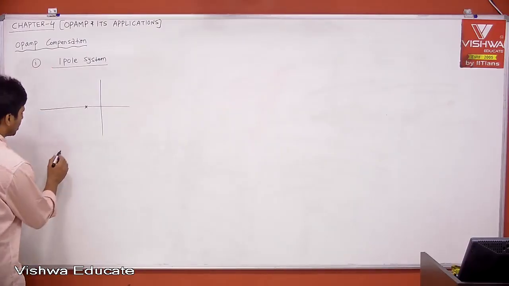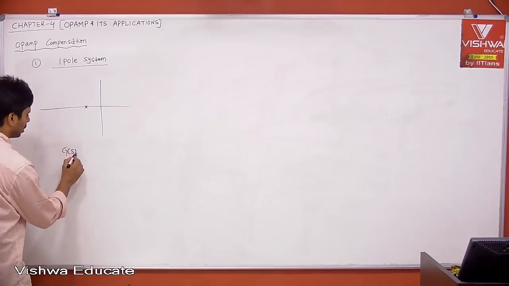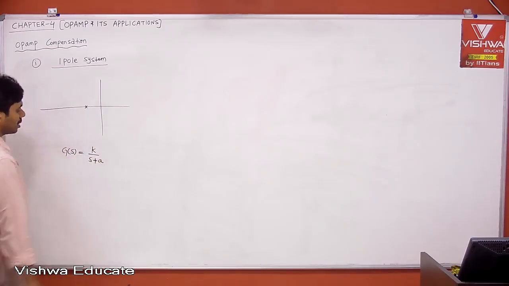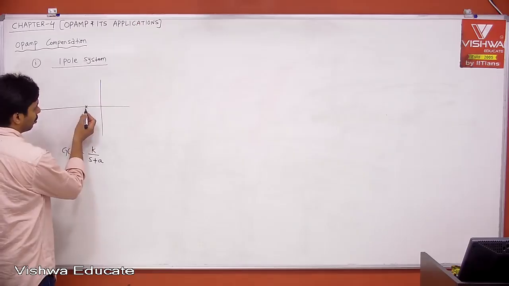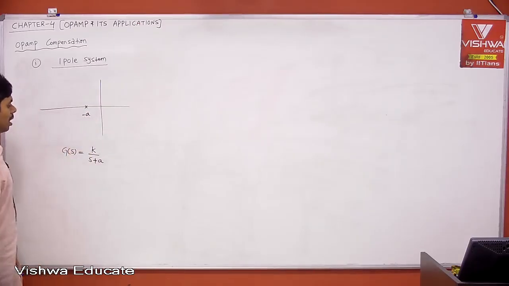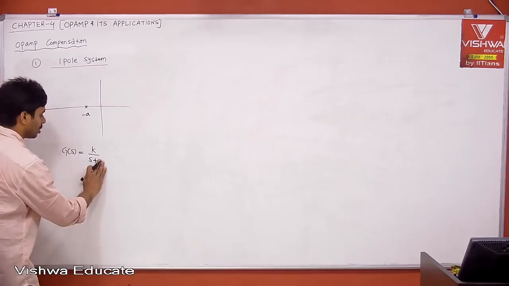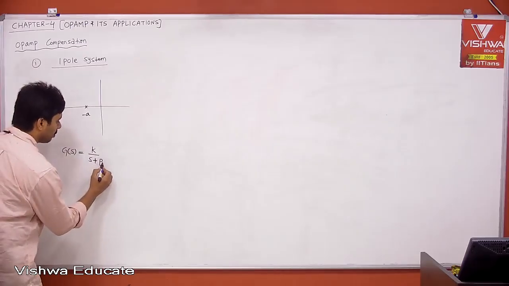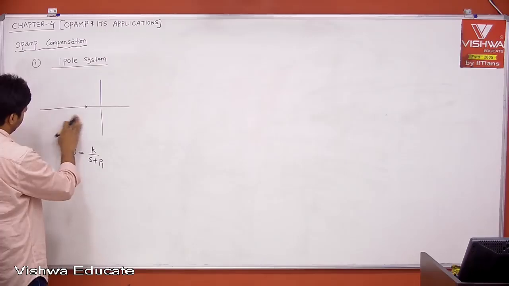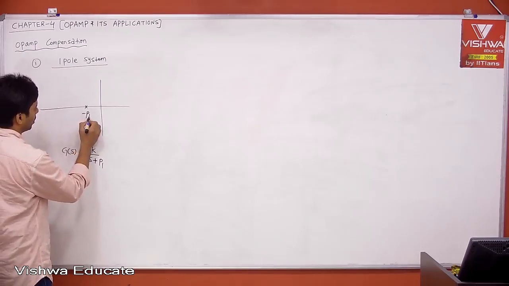If you take G of S, let us say K by S plus A. Therefore what is the pole here? This is minus A. This is your pole, or maybe if you want you can say S plus P1, therefore this is minus P1, right?